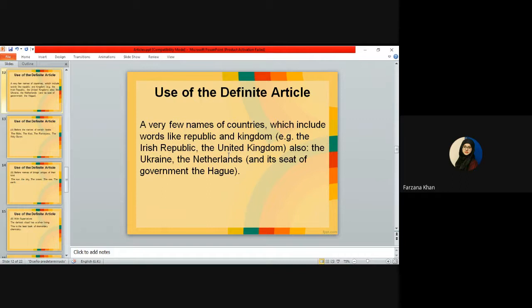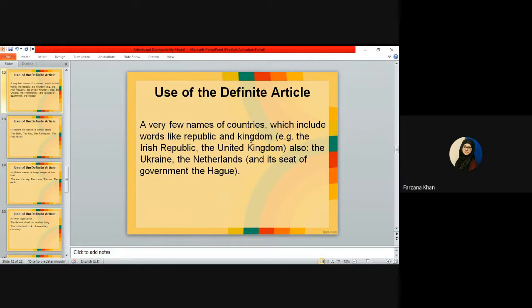So you need to keep one rule in your mind: the names of countries don't require the definite article. It will be a major blunder if you use the definite article with the names of countries. But there are some exceptional rules.